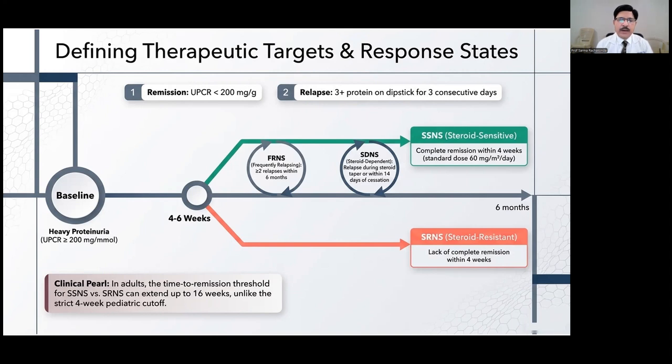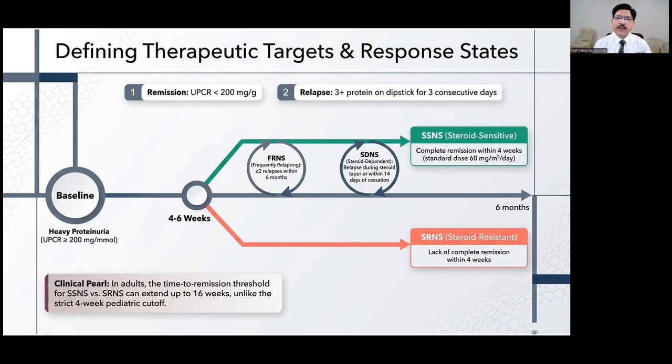Clinical part in adults: the time to remission threshold for SSNS versus SRNS can be extended up to 16 weeks, unlike the strict 4-week pediatric cutoff. I have already told: pediatric patient only 4 weeks of steroid, test relapse or remission or no remission. If remission, taper steroid, wait for the relapse, frequently monitor every month or so for proteinuria.